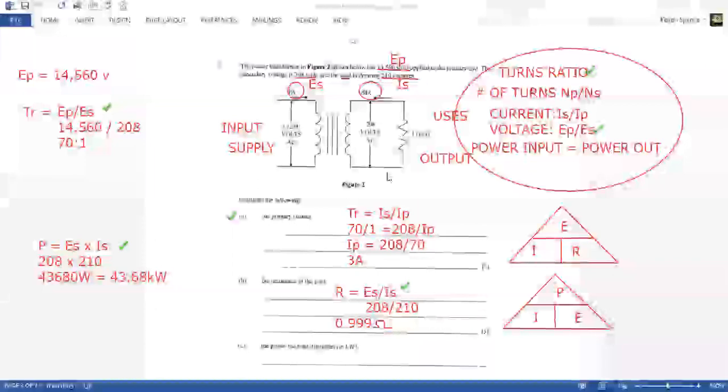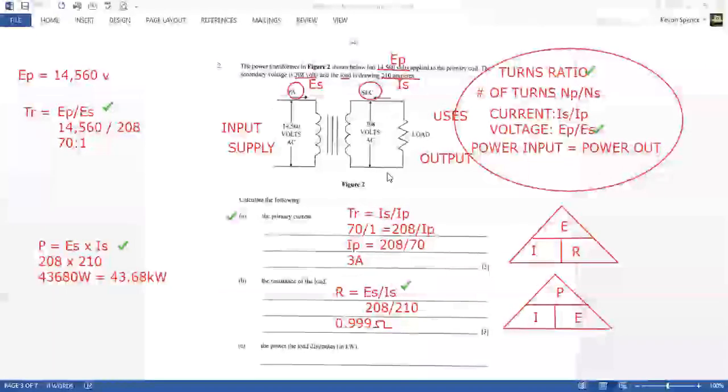Note that the primary coil is the input or the supply, while the secondary coil is the output or the side that uses the voltage. If the primary voltage is larger than the secondary voltage, this is a step down transformer.